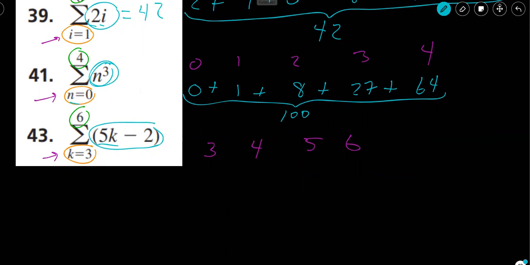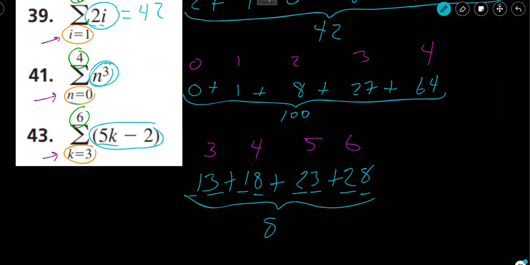So 5 times 3 is 15, minus 2 is 13. 5 times 4 is 20, minus 2 is 18, and so on and so forth. So you get 13 plus 18 plus 23 plus 28. So I've got 10, 20, 40, 60 plus 3 and 8 and 3 and 8, that's 22. 60 plus 22 is 82. And now I have my sum. Easy as that.